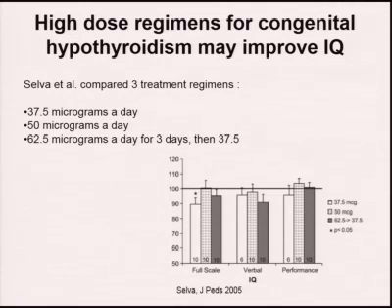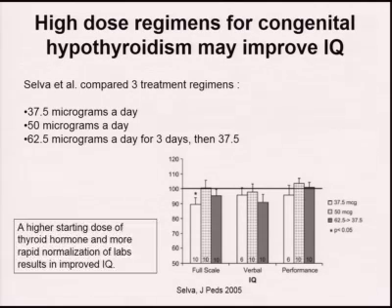So what they found was the low dose had the lower resulting IQ at age 2 compared to the higher dose scheme. So really the field has gone to higher doses, faster normalization of TSH, and that appears to improve IQ as well as growth.